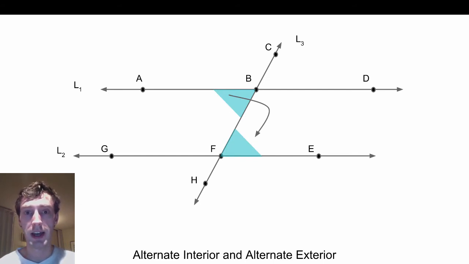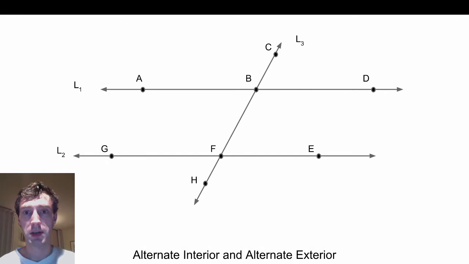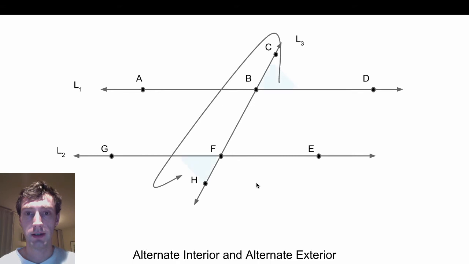So this is angle ABH and angle BFE. I've got another pair of alternate interior angles right here. And then I've got exterior pairs as well. One alternate exterior pair up here and down below here. And the other alternate exterior pair are these two angles here.